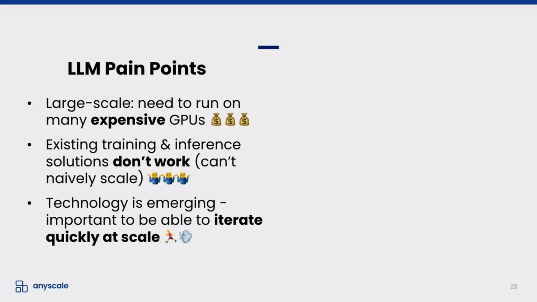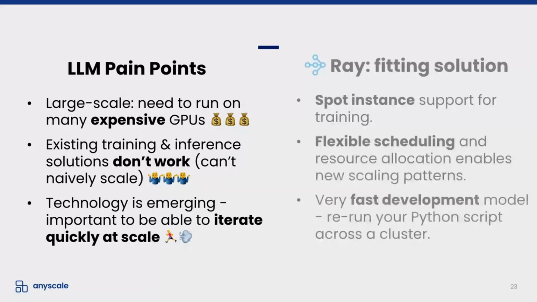Scaling from a single workstation to the full AWS cloud and running distributed training is not a straightforward task. Finally, with the fast development of new AI techniques, you want to iterate very quickly at this large scale, which also poses certain challenges.